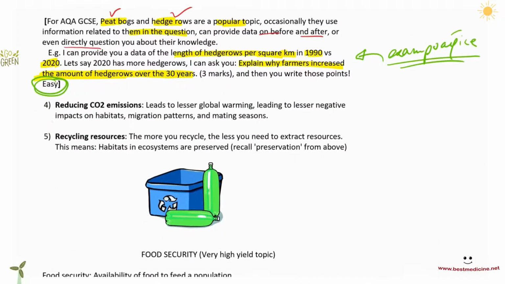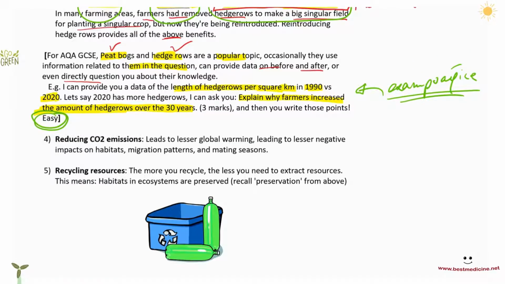Of course, to maintain biodiversity, you can prevent global warming by reducing CO2 emissions. If you reduce carbon dioxide emissions, that means less global warming, leading to fewer negative impacts on habitats. For example, less melting of polar ice caps, fewer changes in migration patterns, fewer changes in mating seasons, and so on. Recycling resources: the more you recycle, the less you need to extract resources.